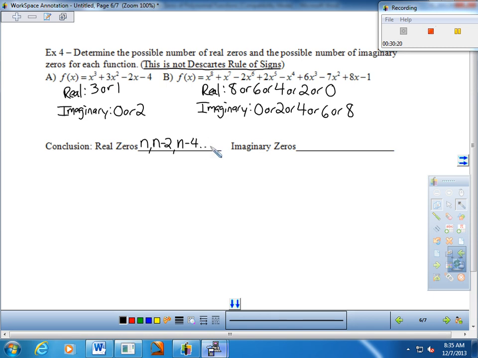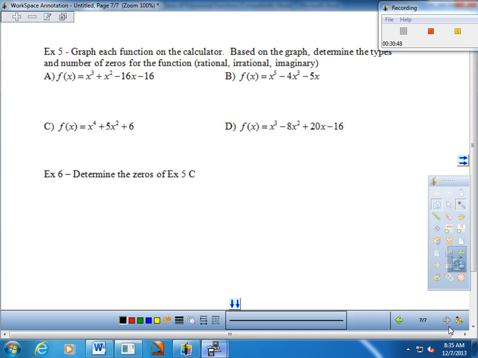Where the imaginaries, I can only have either 0 of them, or 1 pair, or 2 pair, etc. So just keep in the back of your mind how real zeros and imaginary zeros work in conjunction with one another, based on the fact that there are n zeros for every function. Okay, very cool. Let's do a little graphing calculator work on the next one, and then start to bring this to a conclusion.